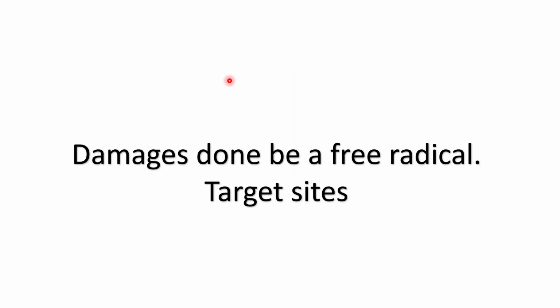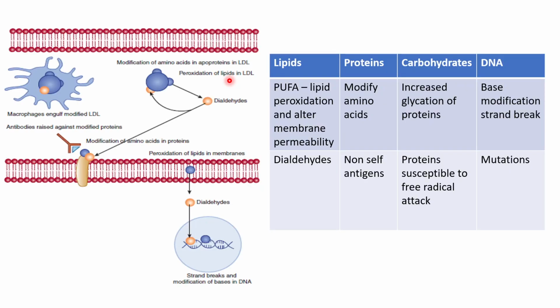So let's look at the damage done by free radicals. What are the target sites which these free radicals attack? They attack lipids, proteins, carbohydrates, and DNA. Lipids, mainly the lipid present in the biomembrane. We know that the lipid in the biomembrane is phospholipid, which contains polyunsaturated fatty acids.